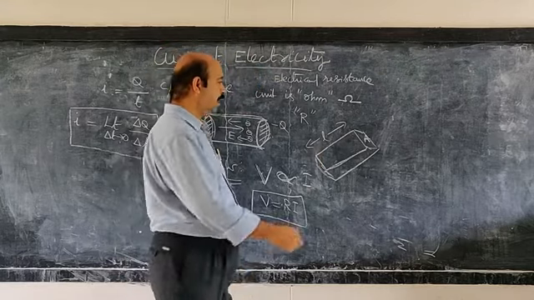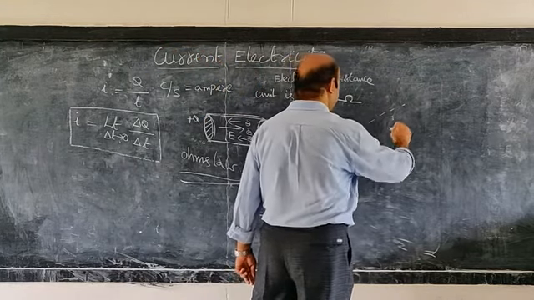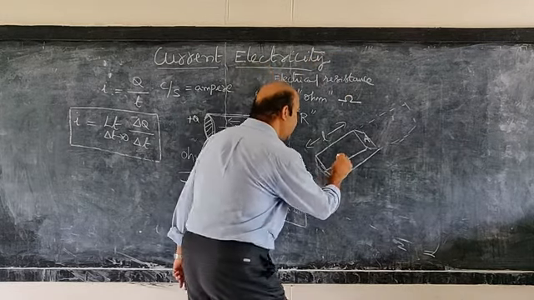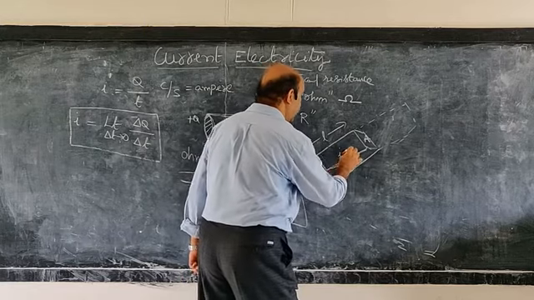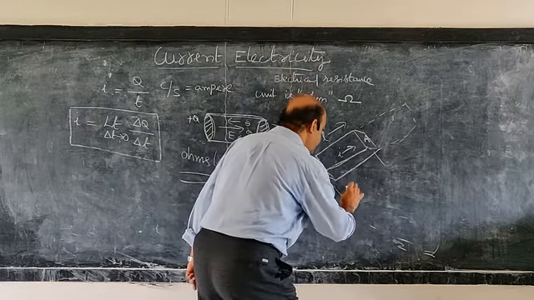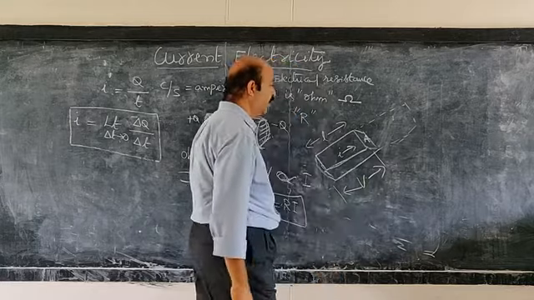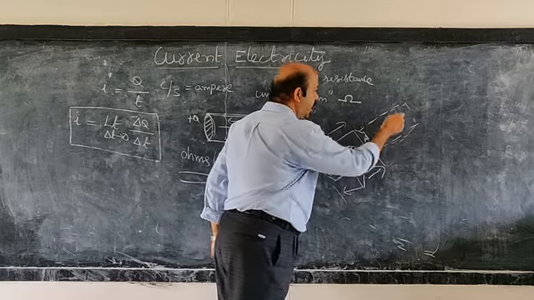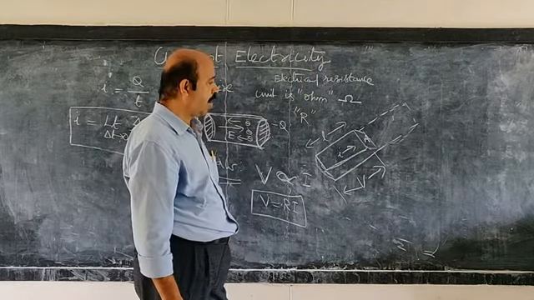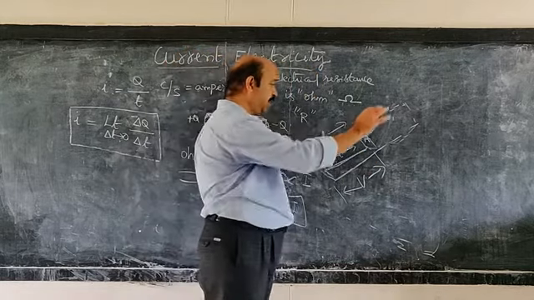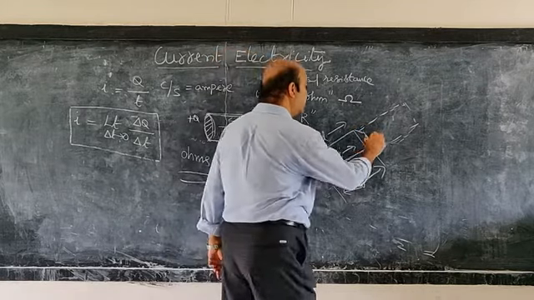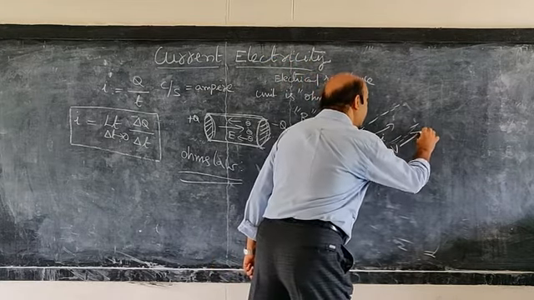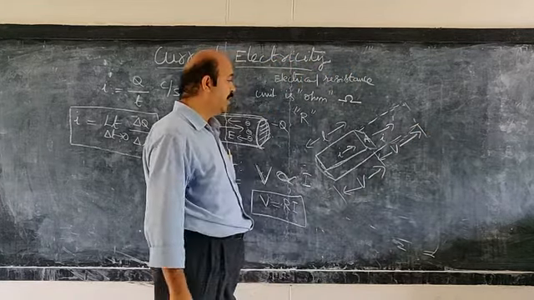Now consider a similar conductor kept side by side. If this conductor carries a current of I and it has a potential difference of say V, then if you arrange another similar conductor side by side like this along its length, of same length and same area of cross section, so if the same current flows through this conductor also, the ends of this conductor also must have the same potential difference.